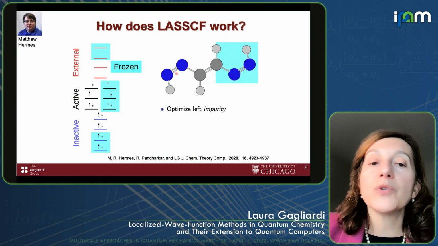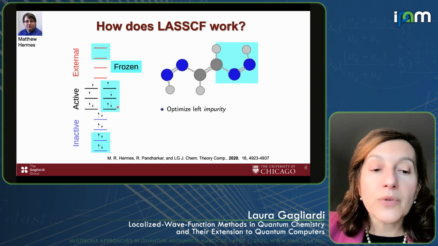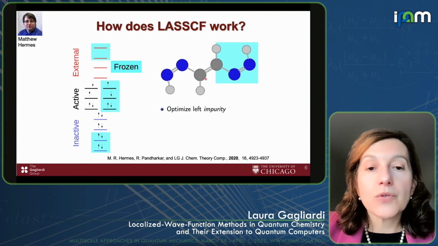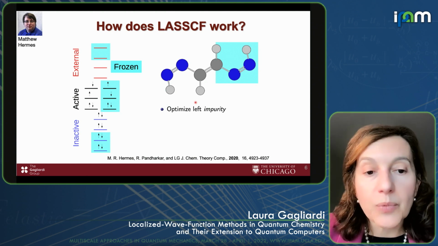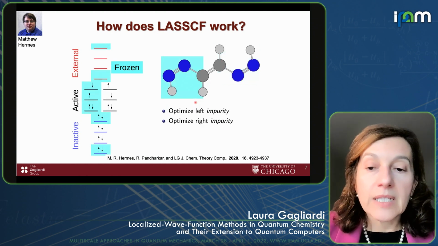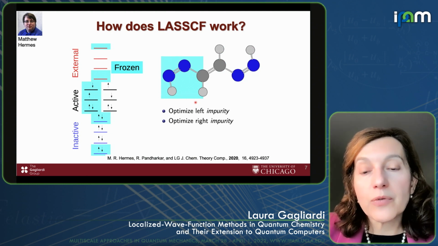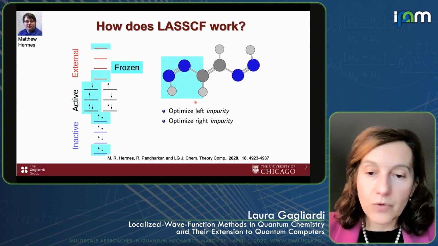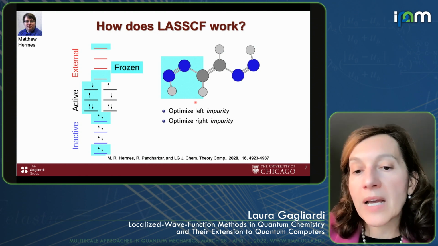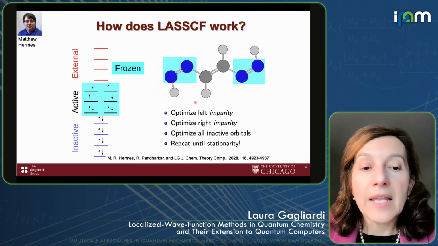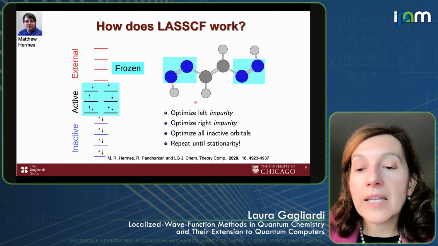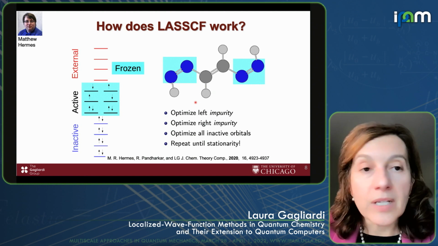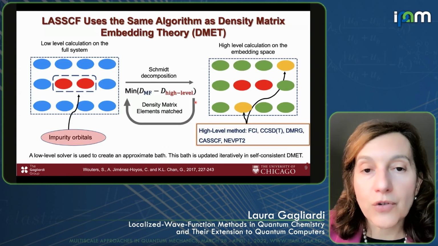Let's call it the left impurity. So one freezes all the orbitals related to the right impurity, and then one does the same by freezing everything related to the left impurity and optimizes the right impurity. And then one optimizes the inactive orbitals, and this is repeated until stationarity is reached.